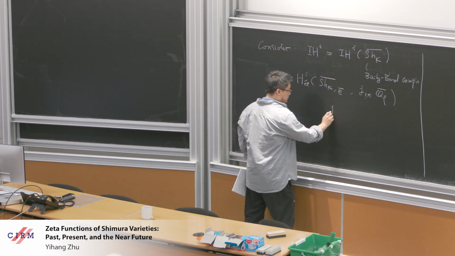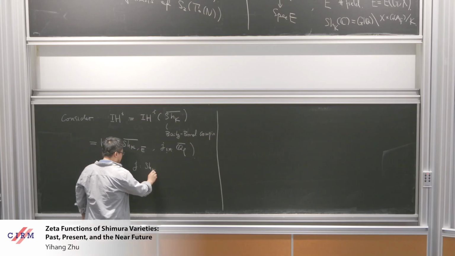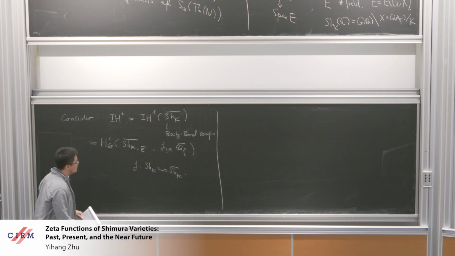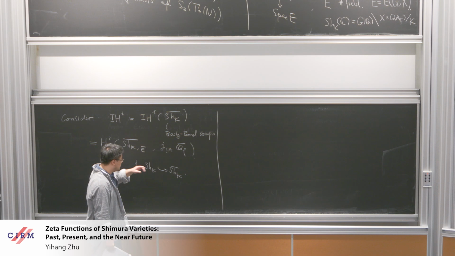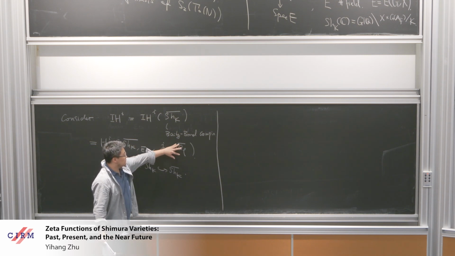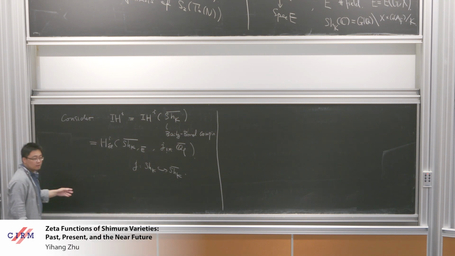So here j is the embedding into the compactification. And let me just remark that for all I'm going to say, it's also okay to replace this constant sheaf Q_l bar here by any local system coming from a representation of the group G.